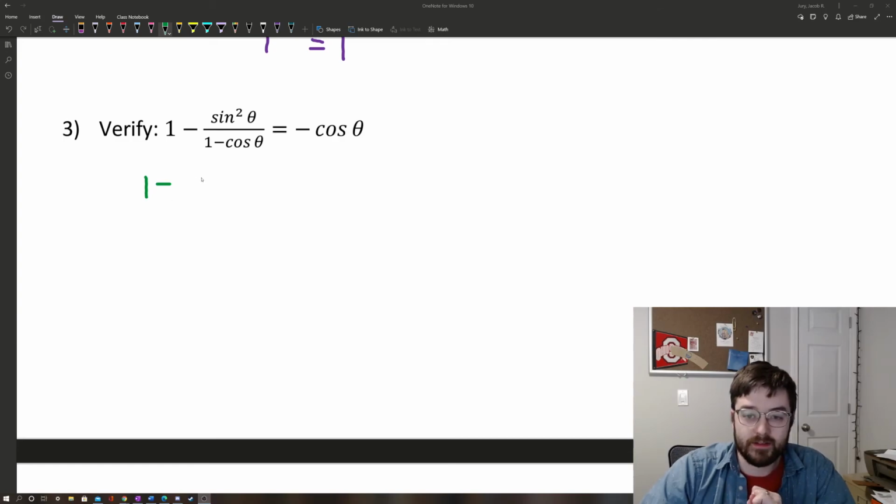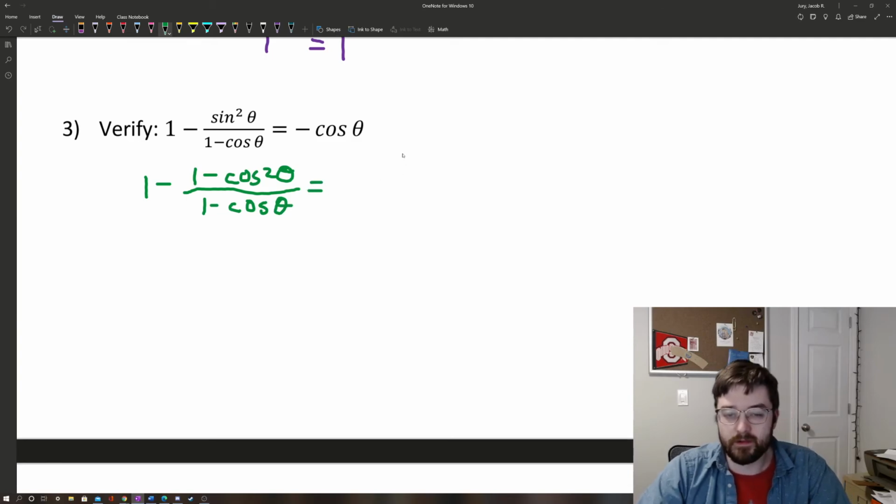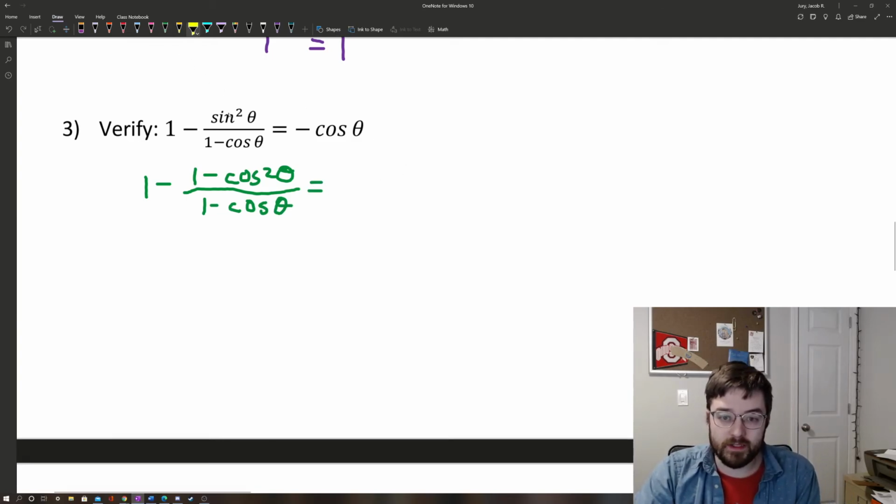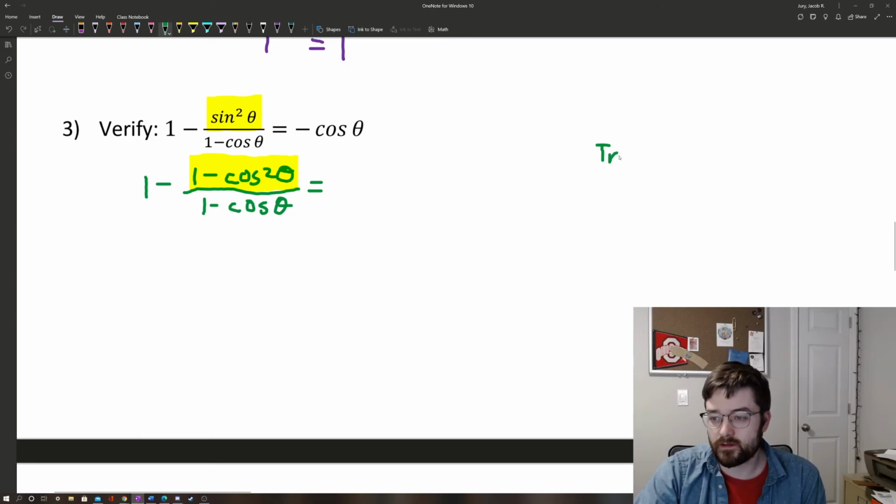So my sine squared theta is going to be 1 minus cosine squared theta, divided by 1 minus cosine theta. Now, this looks really weird, but I've replaced my sine squared with 1 minus cosine squared theta. So I start off with trig first.